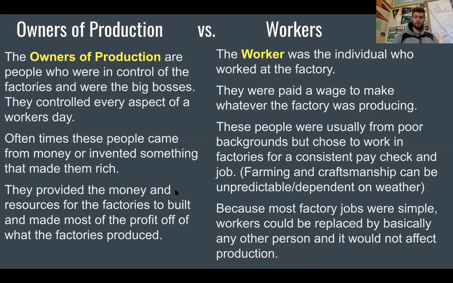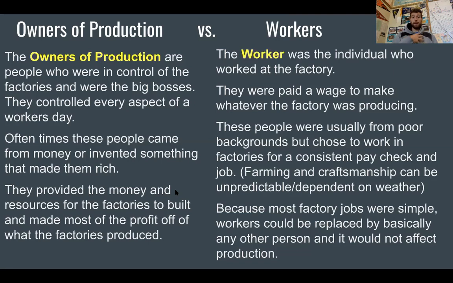The workers, they make up the majority because only a small minority made up the owners of production. 99+% of people were workers now. The worker was an individual who worked at the factory. They were now paid a wage to make whatever the factory was producing. Before, people got paid because, let's say I was a blacksmith and I got paid $1 for every sword I made.